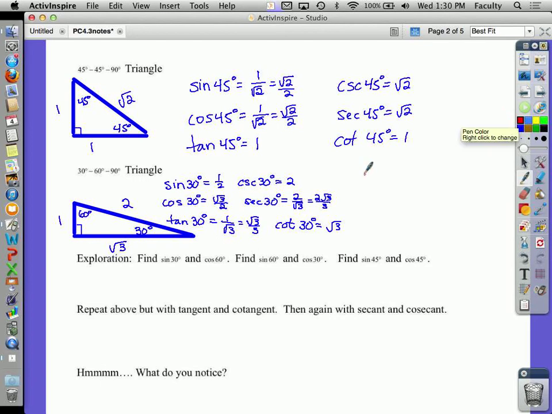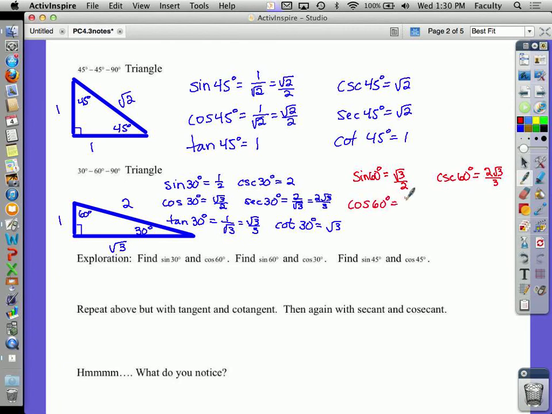Now I'll switch colors, and let's repeat with 60 degrees. The sine of 60 is radical 3 over 2. Now you don't redo the work. Did you see in the previous set when I flipped this? I've already rationalized it, so don't do the work again. I know rationalizing is going to be 2 radical 3 over 3.